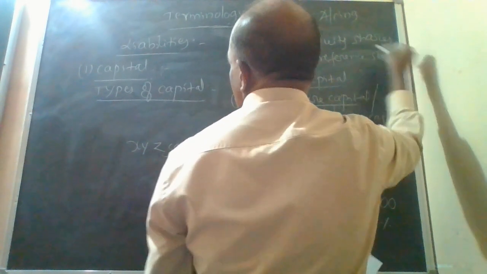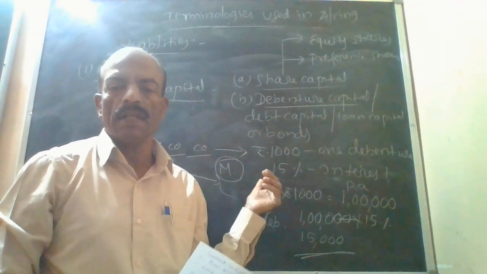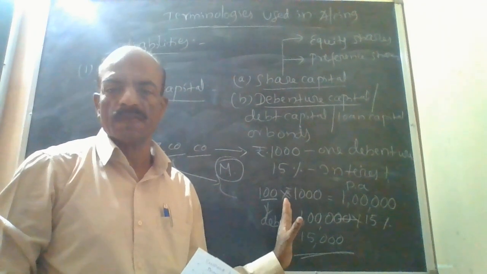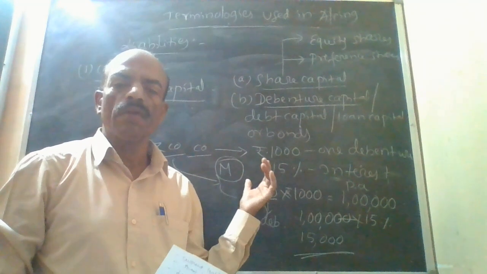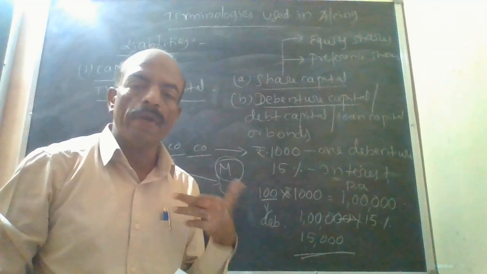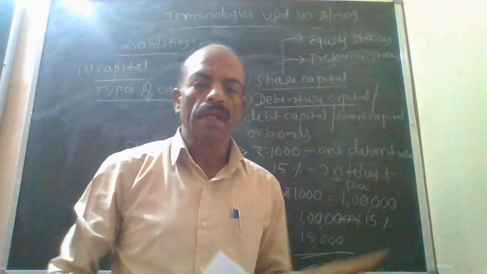So these are the liabilities. One of the liabilities is capital. In case of a sole trading concern, they have only a smaller amount of capital, like 5 lakh to 10 lakh rupees.